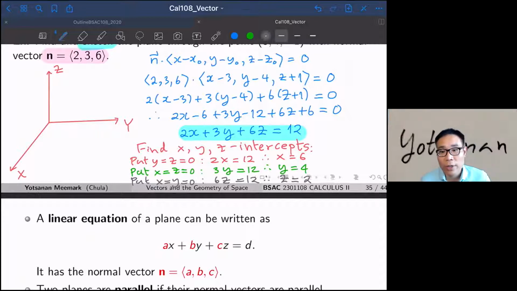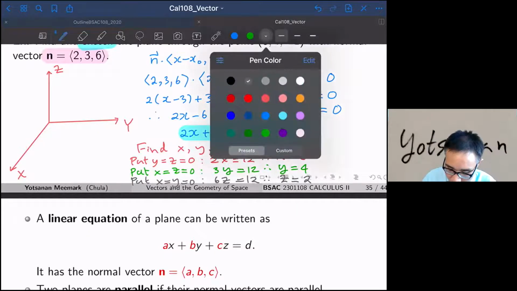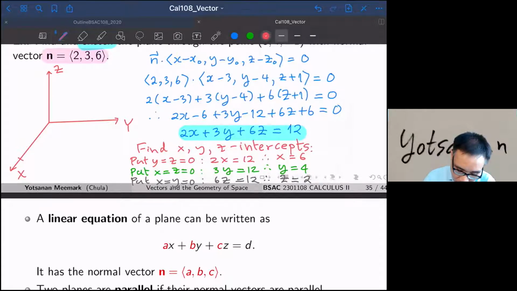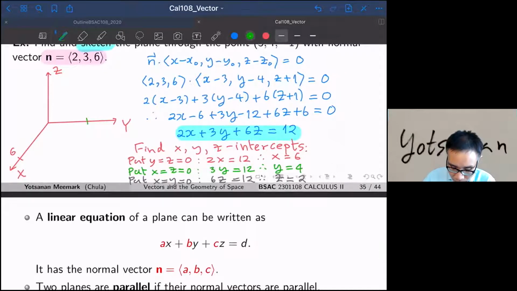Okay, so you have three intercepts: the x-intercept, y-intercept, and z-intercept. So you're going to plot them out. You have x equal to 6, y equal to 4, and z equal to 2. You see that there are three intercepts on the x-axis, the y-axis, and the z-axis.